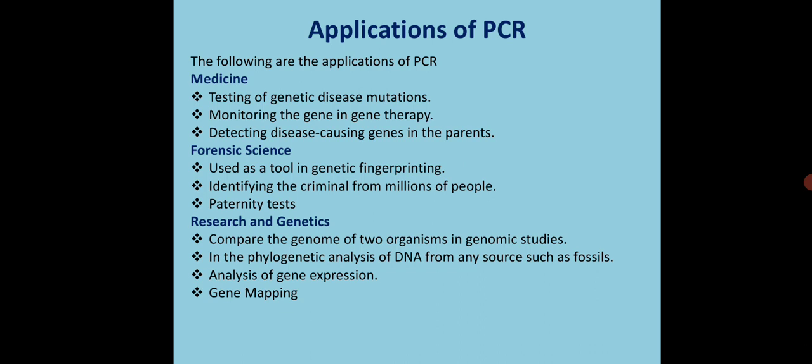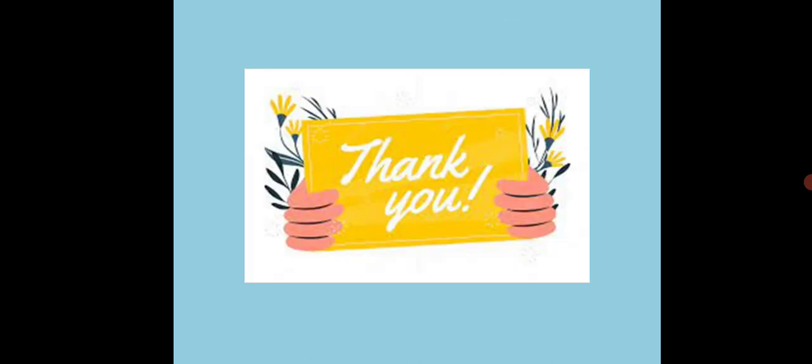In forensic science, it is used as a tool in genetic fingerprinting, to identify the criminal from millions of people, and in paternity tests. In research and genetics, it is used to compare the genome of two organisms in genomic studies, in the phylogenetic analysis of DNA from any source such as fossils, analysis of gene expression, and gene mapping. Thank you for listening.